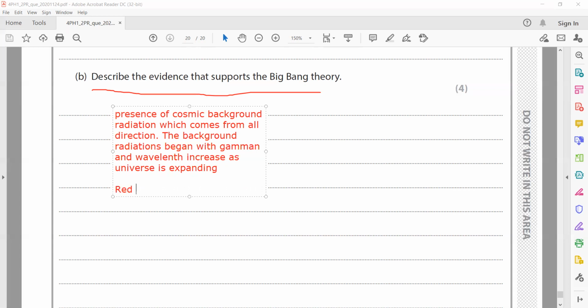Using the Doppler shift, we are getting mostly redshift from the galaxies. It shows they are moving away from each other.